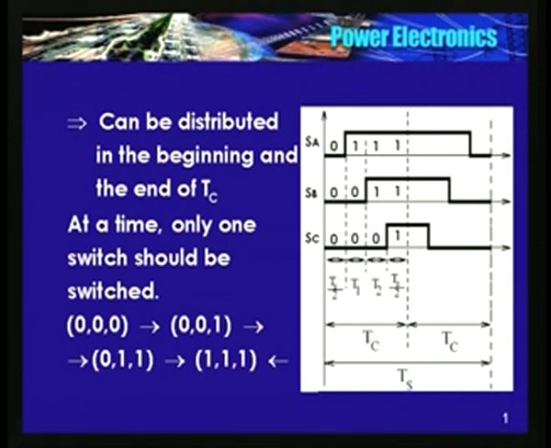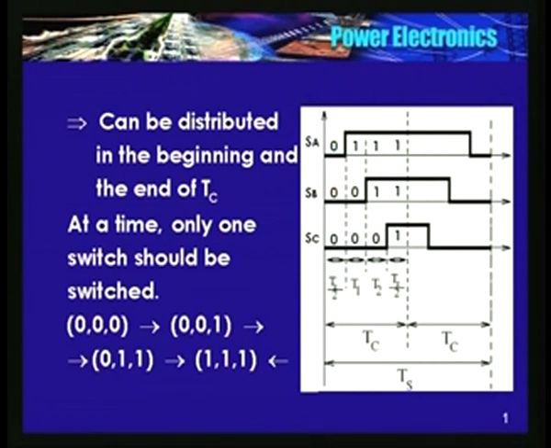And at the end of T2, I am turning on the upper device of phase C also. See, now it is 1 1 1. And this is the entire Tc period.